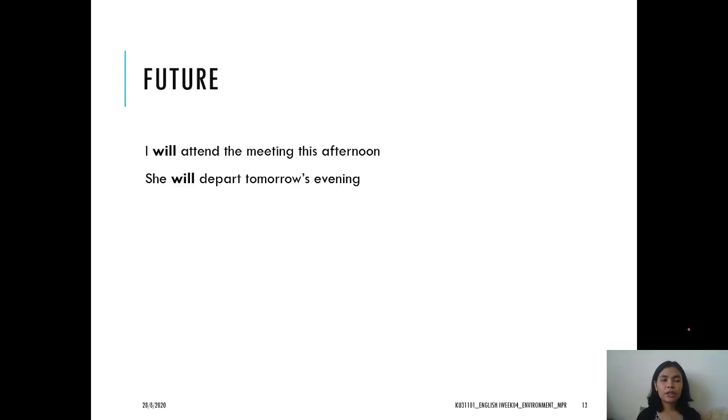Now we'll be continuing with the use of modals for future expression. For the future expression, you can see that the function of the modals is to express something that is intended to happen in the future.